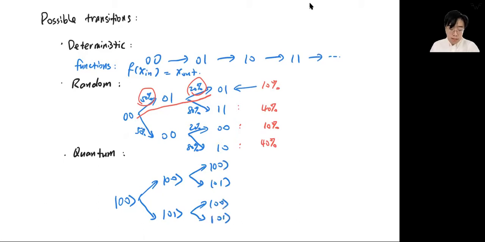But this time, for a quantum transition, the weights can in fact be negative coefficients or even complex numbers. For the first transition, let's just use 1 over square root of 2. But in the second case, we allow negative 1 over root 2 in one of the transitions.